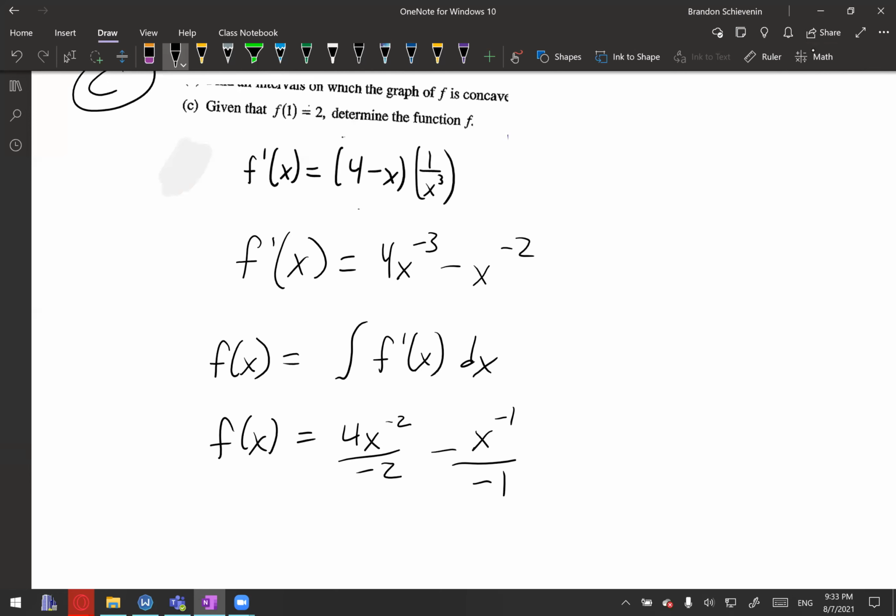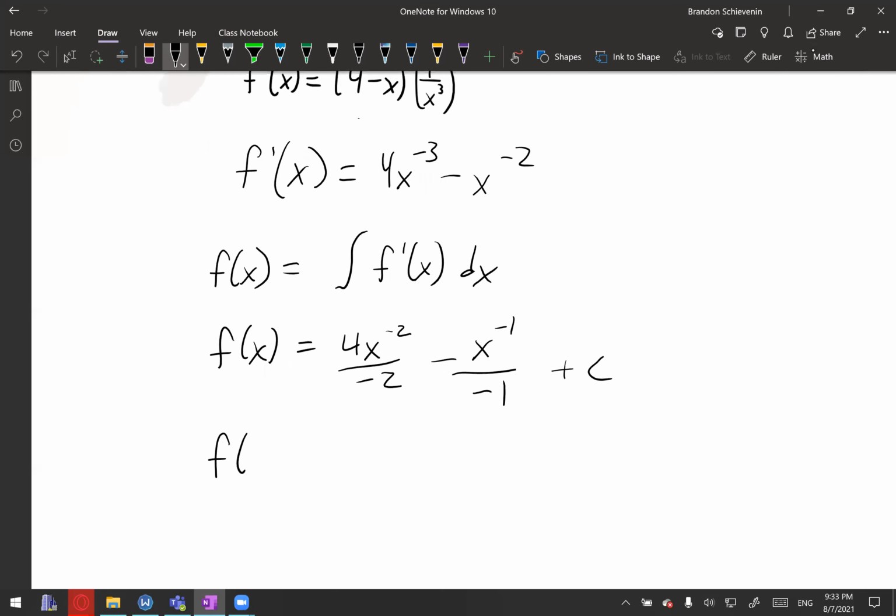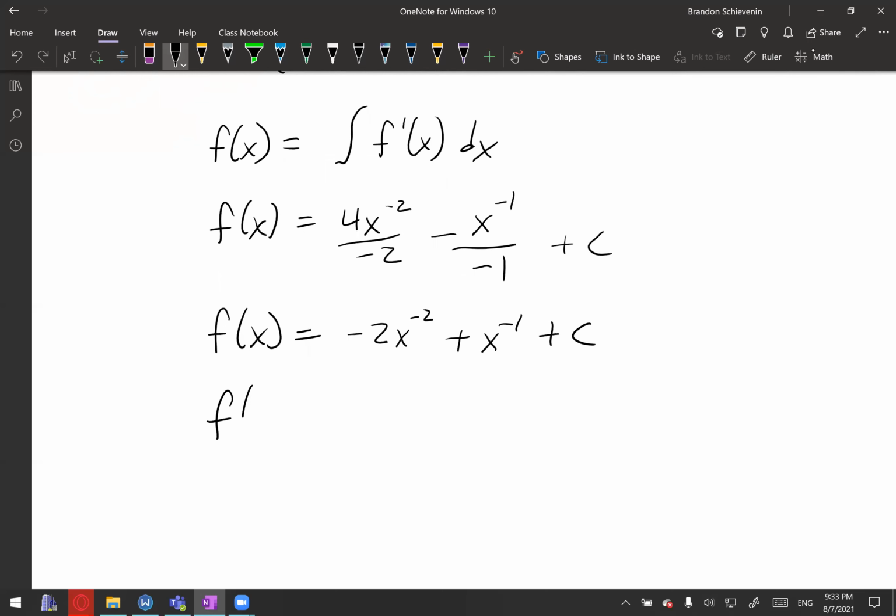And then we're integrating indefinitely, so I need one more thing. Plus c. Plus c, perfect, because we don't have bounds. Okay, so my general form for f of x is what happens when I simplify this: negative 2x to the power of negative 2 plus x to the power of negative 1 plus c. And I'm going to rewrite those as fractions too, so this will be easier to plug in.